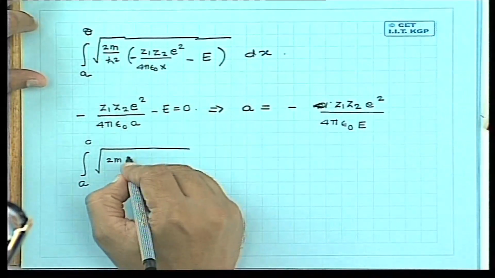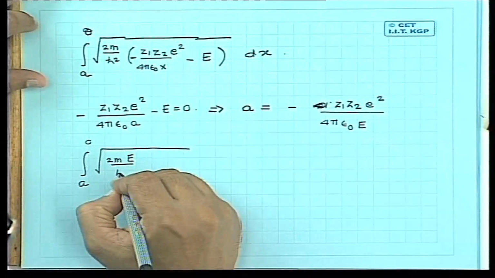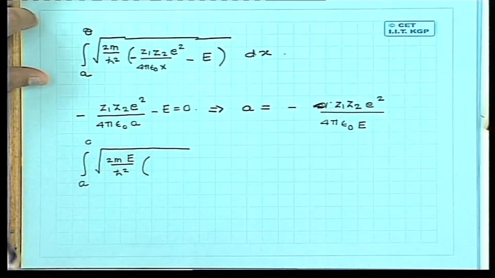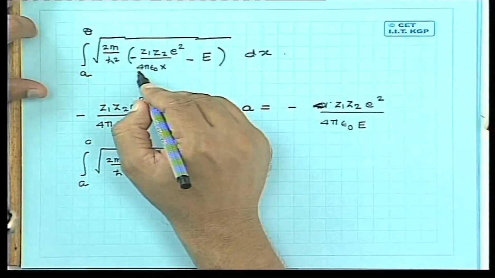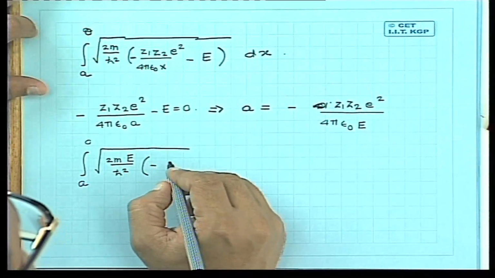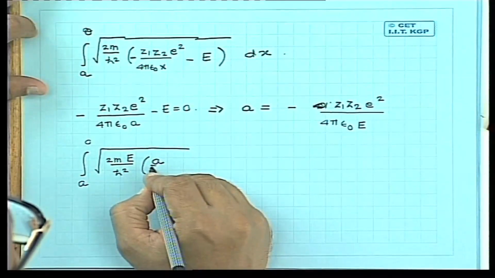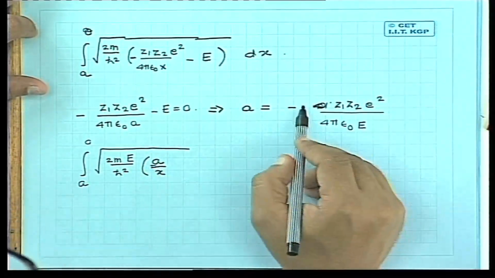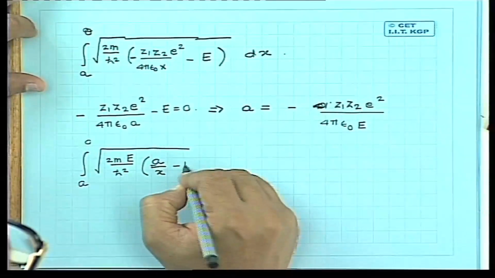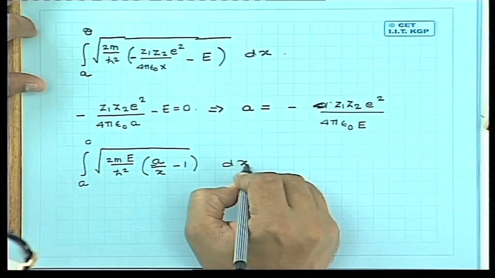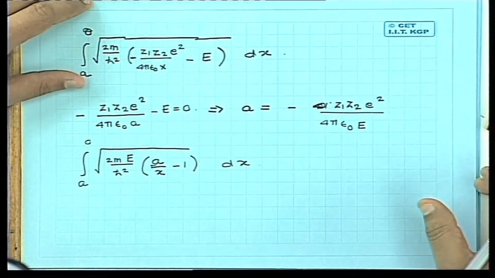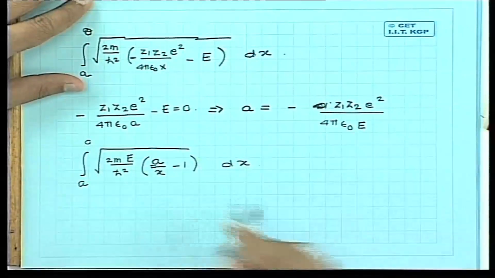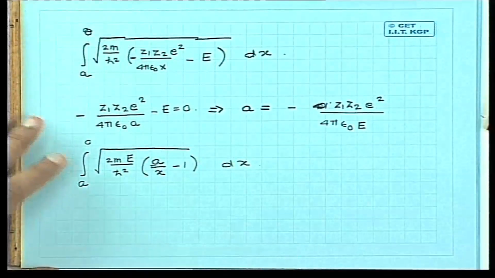I can take the E common outside, E by h cross square, and I now have minus, this whole thing is A, so I have A by x, because the minus sign also gets absorbed into this, minus 1, dx. So this is what we get.